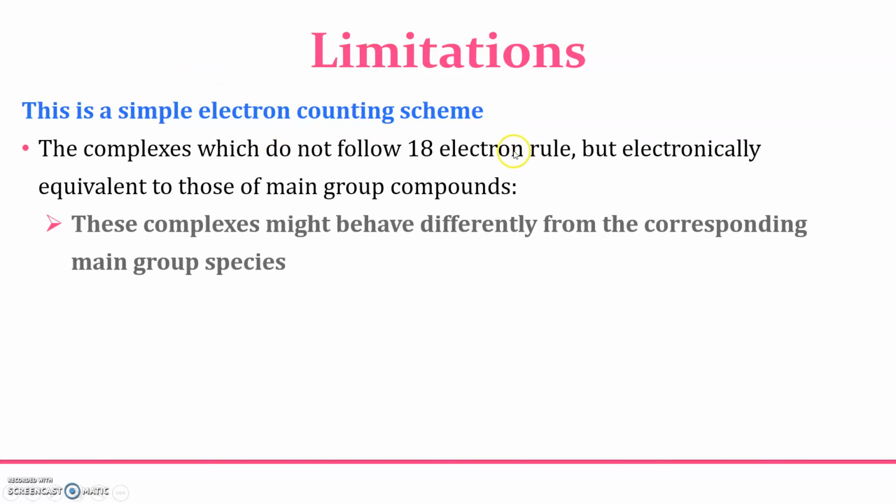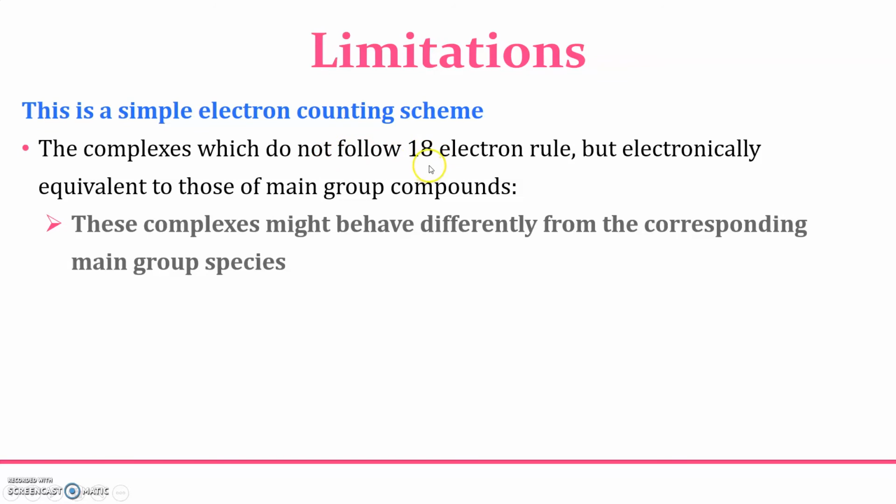The complexes which do not follow the 18 electron rule, but electronically are equivalent to those of main group compounds, might behave differently from the corresponding main group species. So we come across so many compounds which do not follow the 18 electron rule.